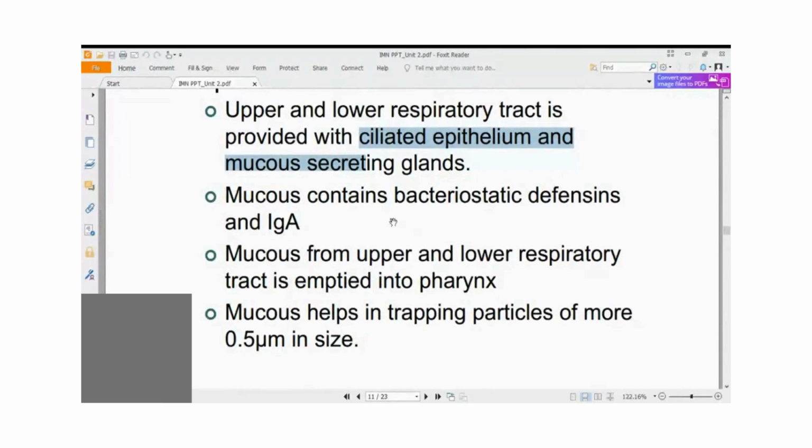And these trapped particles are pushed by the mucus into the pharynx and they enter the digestive tract. But any particle which is less than 0.5 micrometer in size cannot be trapped by the mucus. It will enter straight into the respiratory lung surface and damage the lung surface.